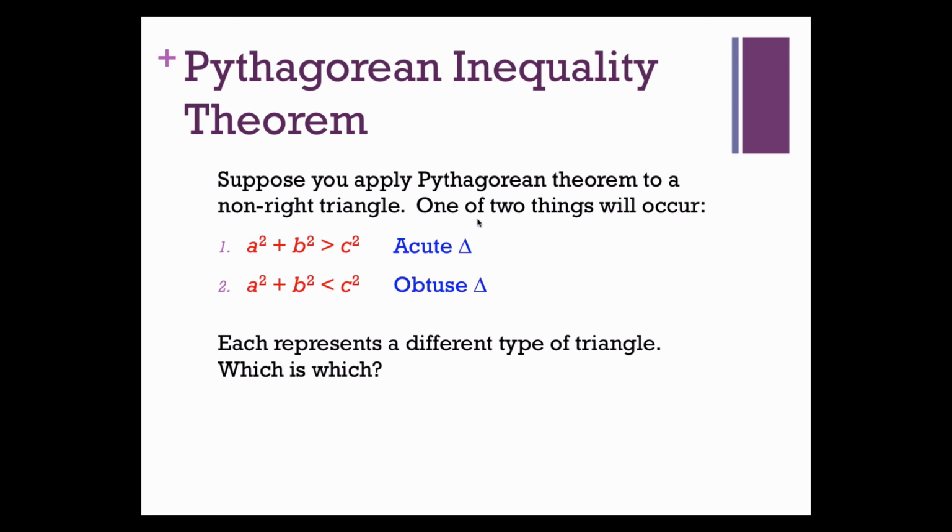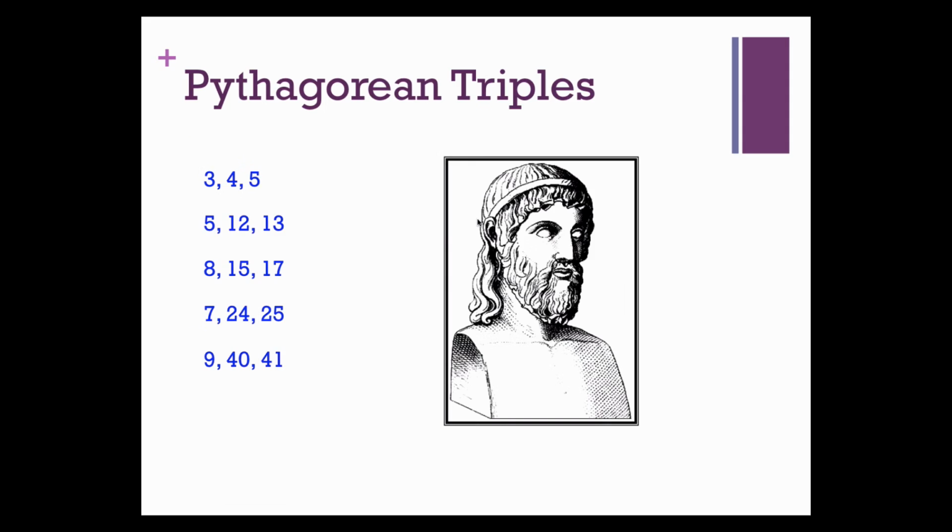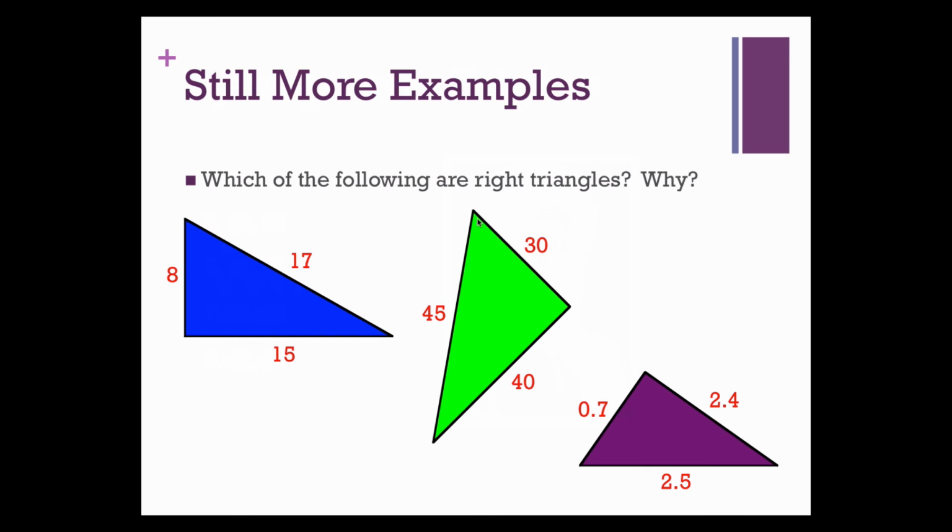You could use the Pythagorean Theorem inequalities to figure out whether the triangle is acute or obtuse. So if we go back, what's the green one? It is acute, because 30 squared plus 40 squared is greater than 45 squared. All right, we good on that?